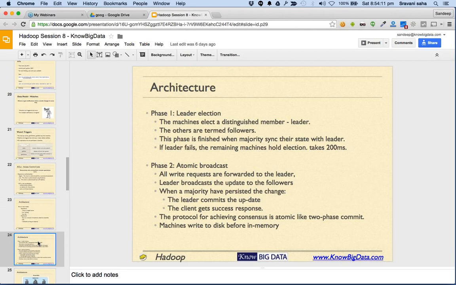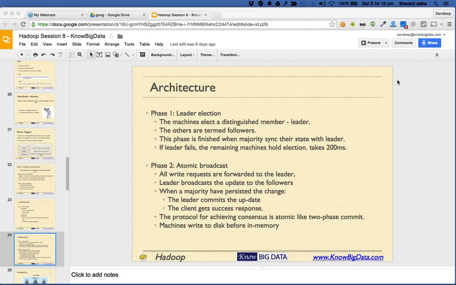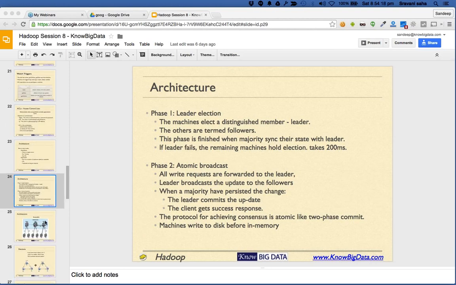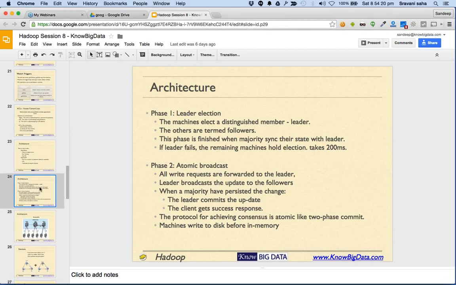Okay, now coming back to the architecture again, let's understand what is exactly going on. As I told you, there is an ensemble of Zookeeper, meaning you have designated 10 machines for just Zookeeper, or you already have data nodes running on 10 machines and you thought, okay, let's just put Zookeeper on all of them.